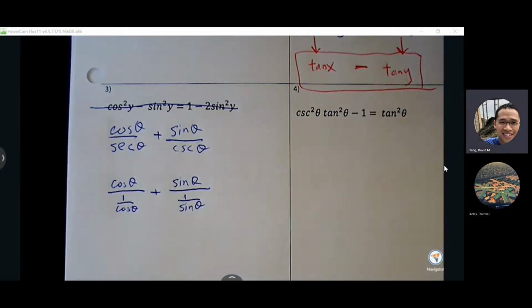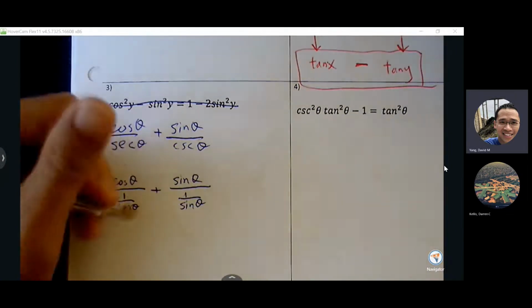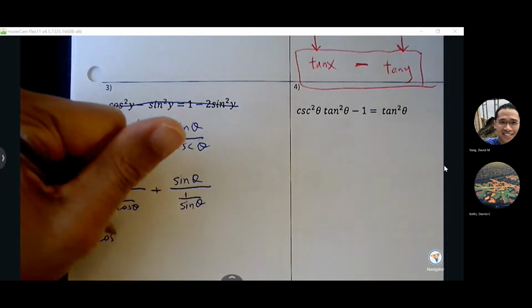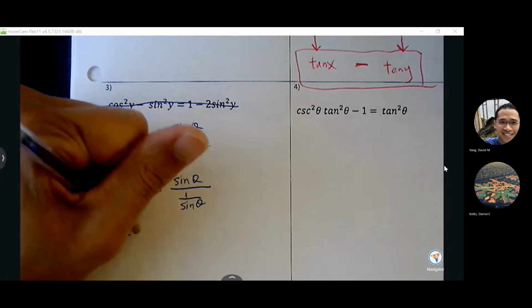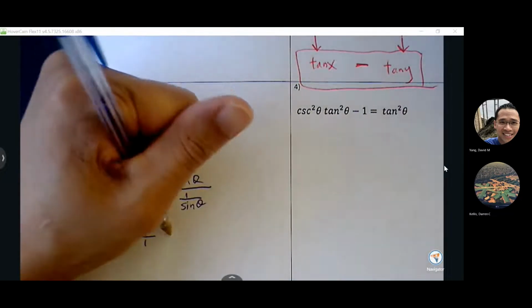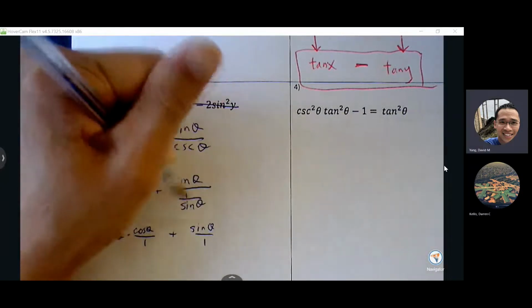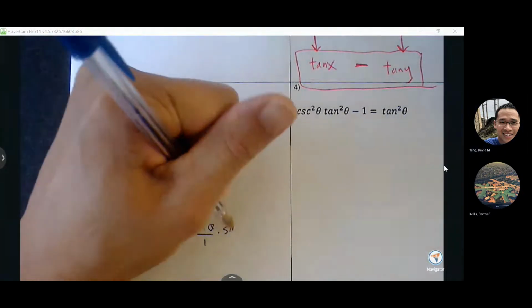I got two complex fractions, but I can flip all the denominators up as reciprocals. Also flip this denominator up as a reciprocal.